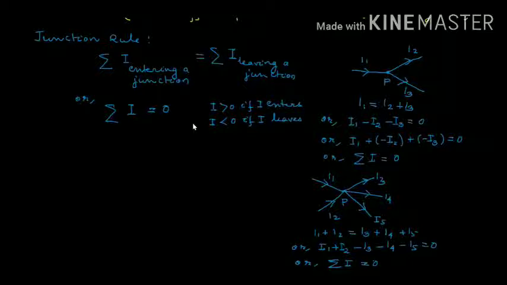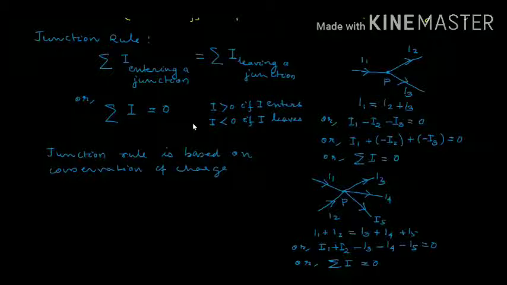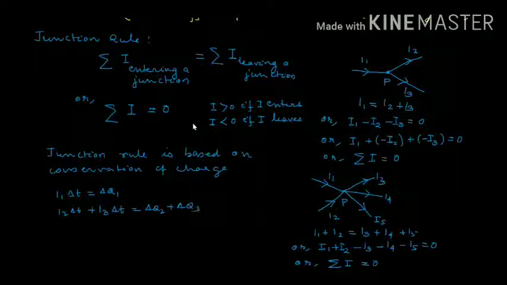Junction rule is based on conservation of charge. At a given time delta t, the amount of charge entering towards the point P is I1 delta t, that is delta Q1, and charge leaving the point P is I2 delta t plus I3 delta t, that is delta Q2 plus delta Q3.